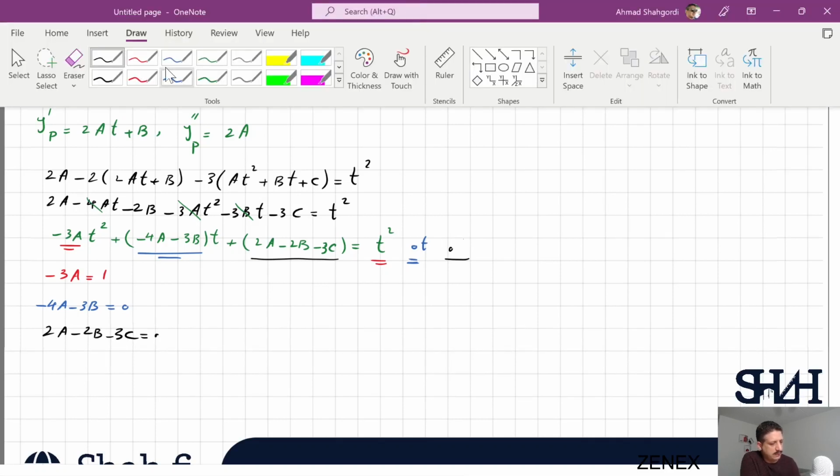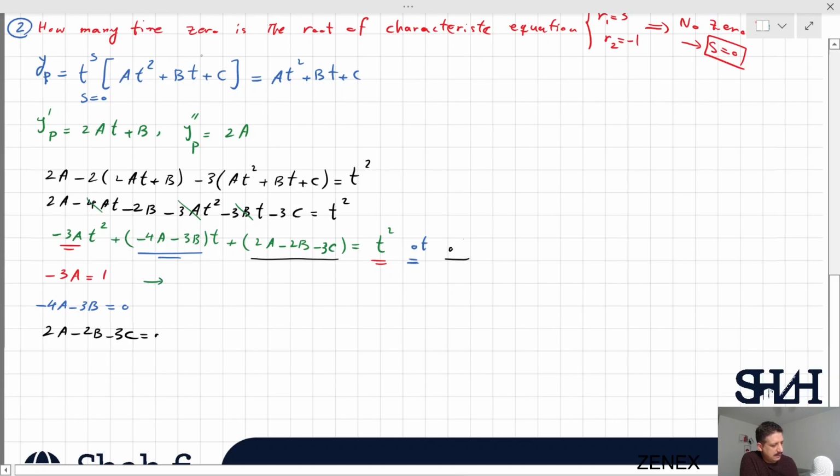From the first one, I can calculate a, which is minus 1 over 3. From the second one, I can write down 3b will be minus 4a, which is 4 over 3. As a result, b will be 4/9.